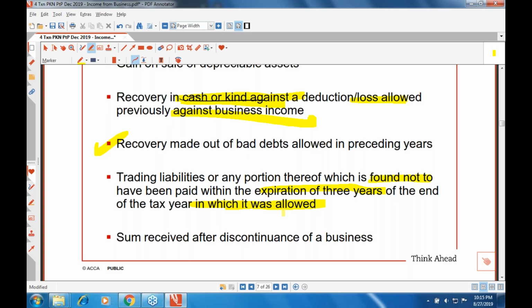That is also going to be taxable even if no business was carried on during the year. You cannot claim that you did not carry out any business, so why should you pay tax? If anything pertains to your business, whether past, current or future, it is all going to be considered as income from business.